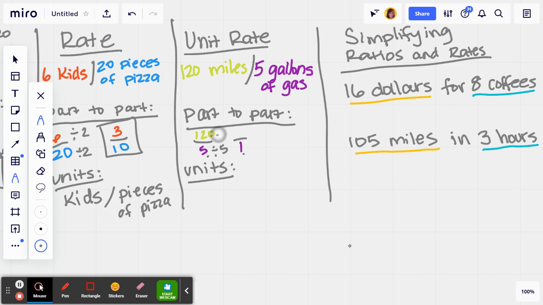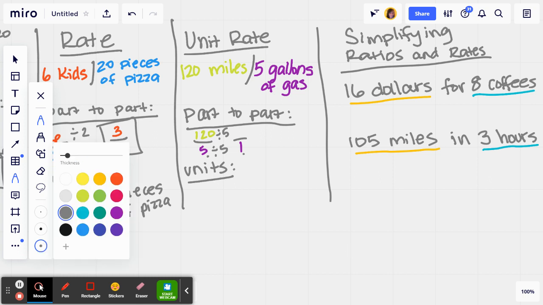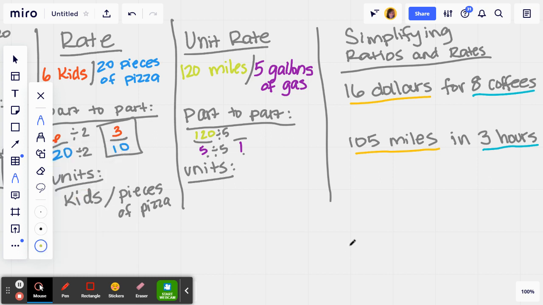So whatever we do to the bottom, we got to do to the top. Okay, so 120, 5 goes into 100 20 times, and it goes into 20 4 times. So our answer there is 24. So the answer to the question is, how far can I go on 1 gallon of gas? I can go 24 miles.